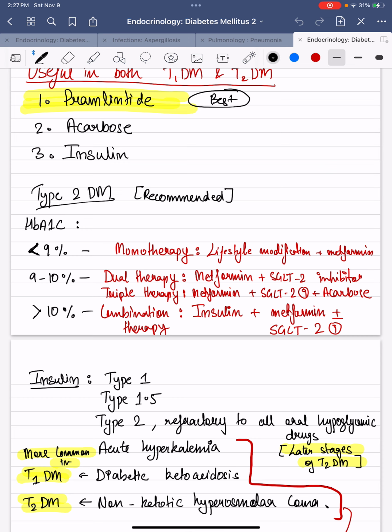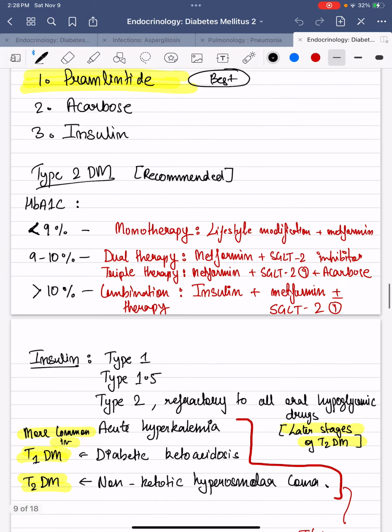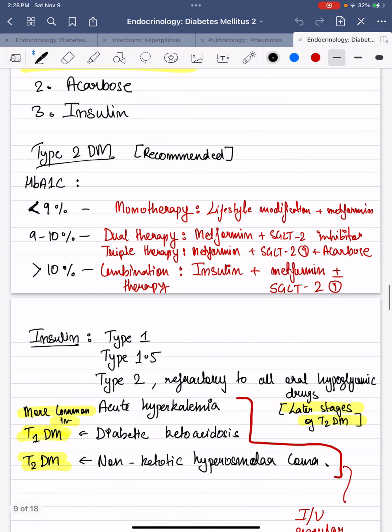Eat less ghee and butter, no red meat, you can only eat white meat, and you should exercise 30 minutes a day for 5 days in a week, and no alcohol, no fast food, and that's all. And a drug which is metformin, which is in the class biguanide, and it will be responsible for the fall of HbA1c by 2%. If the HbA1c level is 9 to 10%, we'll use dual therapy.